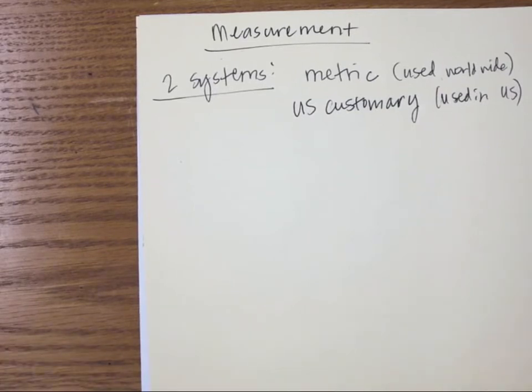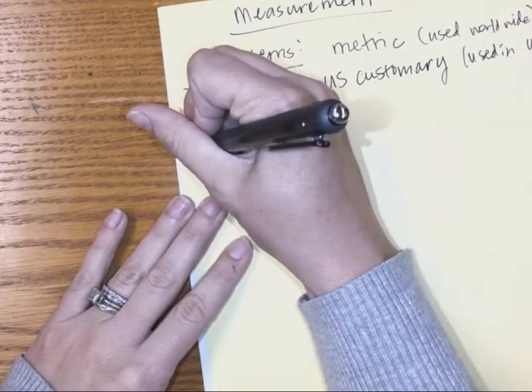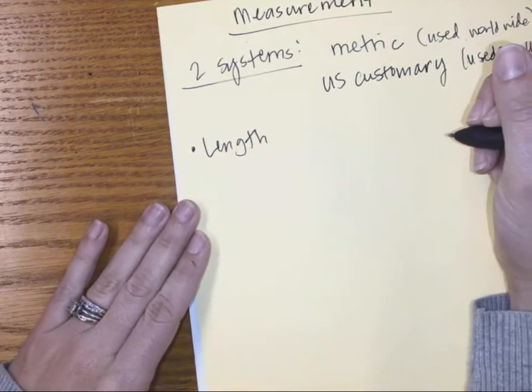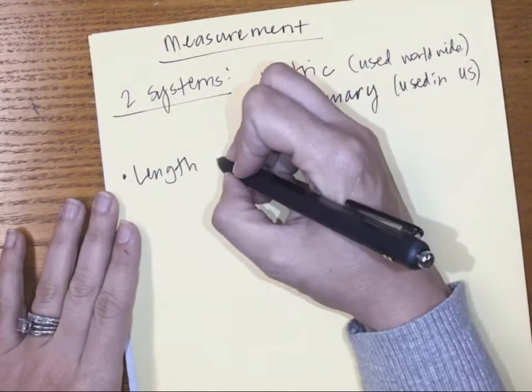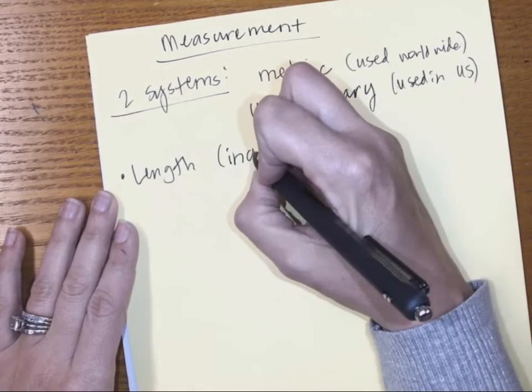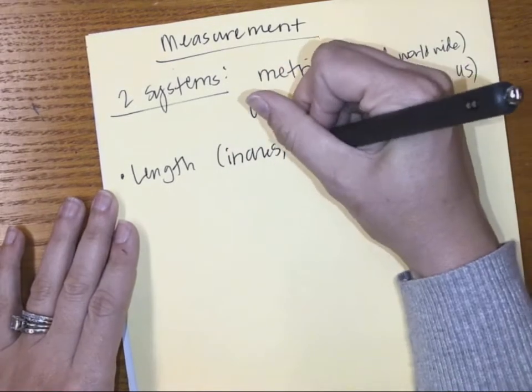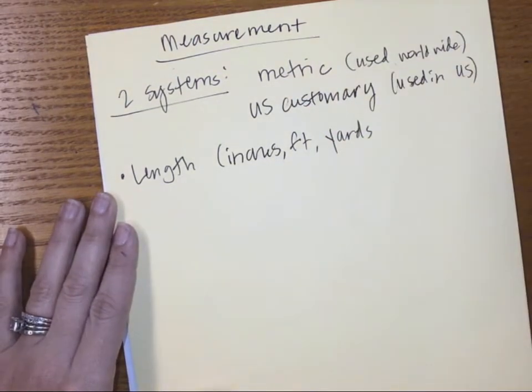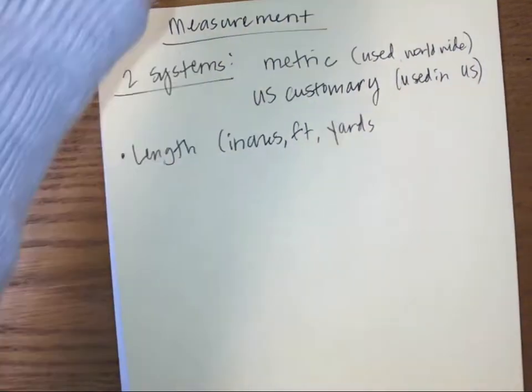So first of all, let's talk about the things we can measure, like what attributes can we measure? We can measure length. That's kind of the examples I've been giving so far. When you measure length in the U.S. customary system, I'm measuring in inches, feet, or yards.